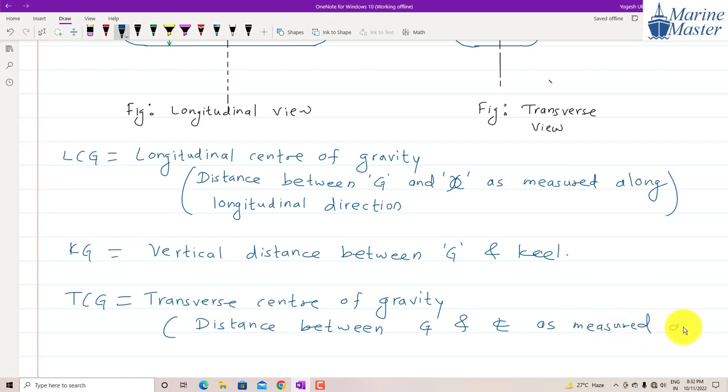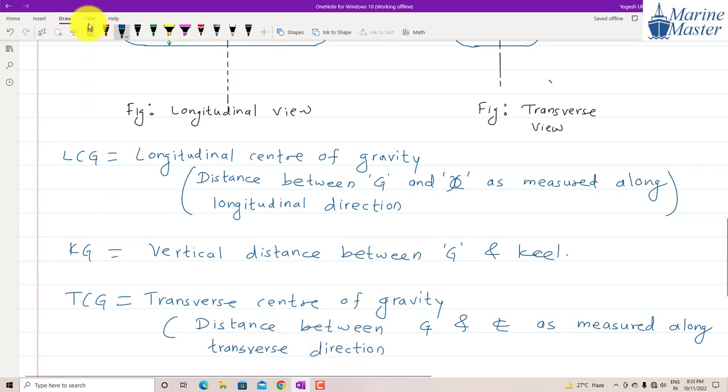Let me write down: as measured along transverse direction. So that is our TCG. So we got LCG, the meaning of KG, and we got TCG.